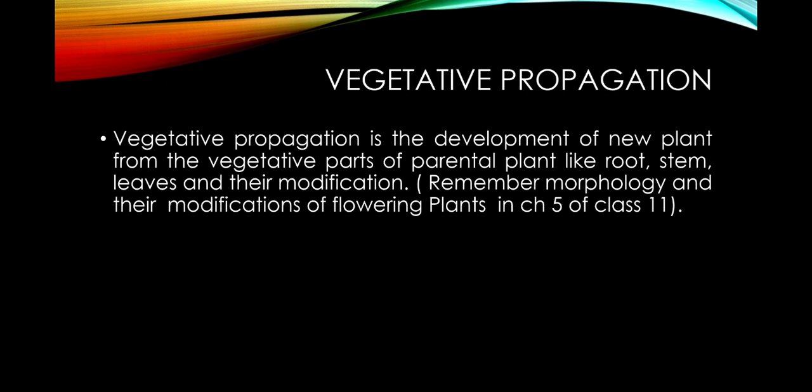So vegetative propagation is the development of a new plant from the vegetative parts of the parental plant like root, stem, leaves, and their modifications. We studied the morphology and modifications of flowering plants in chapter 5 in class 11, as I have written here.